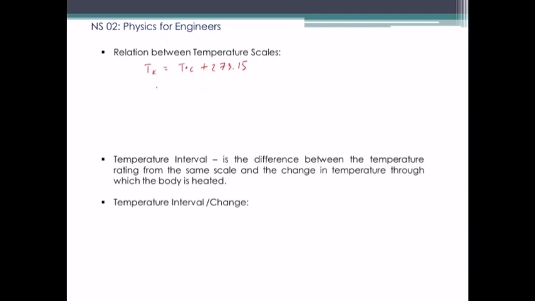Also for the Fahrenheit scale, the absolute temperature in Rankine would be temperature in Fahrenheit plus 460. And then if you want to get the temperature in Celsius, you must first subtract 32 from the temperature in Fahrenheit, then multiply it by 5 over 9.